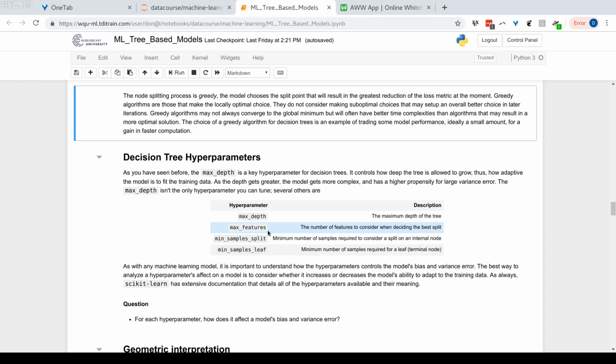If we consider fewer features to perform a split, then we're going to have a simpler model. We're not considering all possible candidates to perform a split, so that will push our model towards the underfitting side, to be less adapted to the training data.